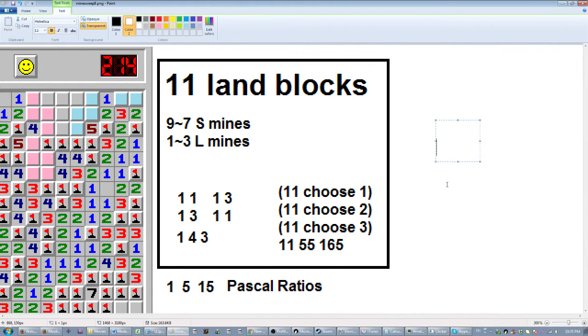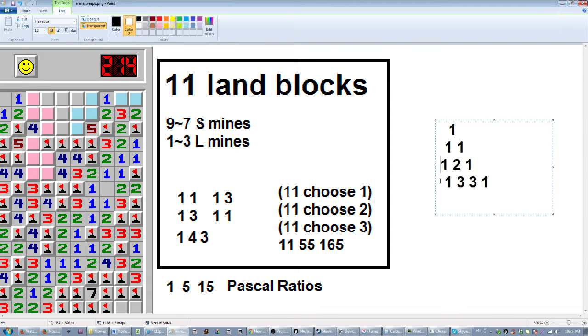and what was the 10th thing? You know, the one that goes like this. You know that one? 1 3 3 1. That is, each number is the addition of the top 2 numbers like that.